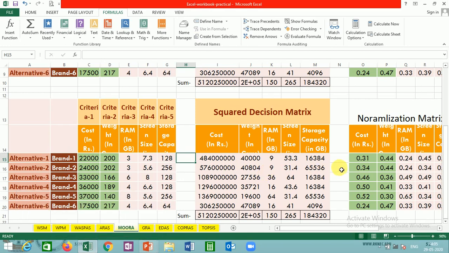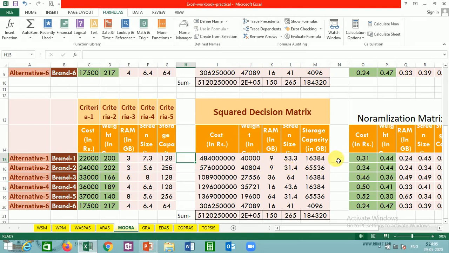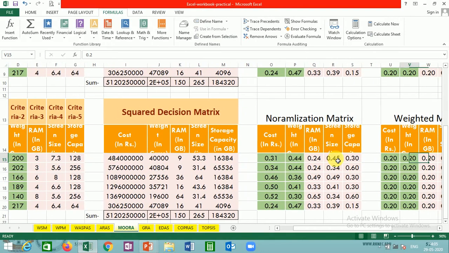Second, what we should remember about the MOORA method is that it does not differentiate between the cost criteria and the benefit criteria in terms of normalization. Only one normalization method is applied to both criteria.